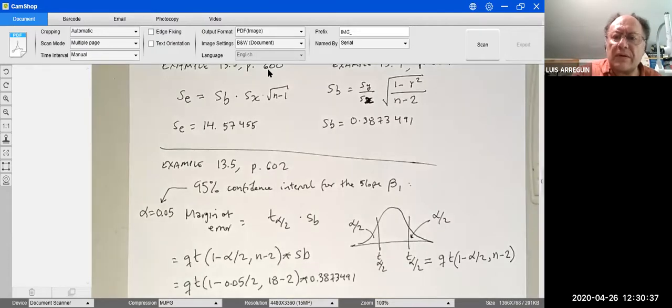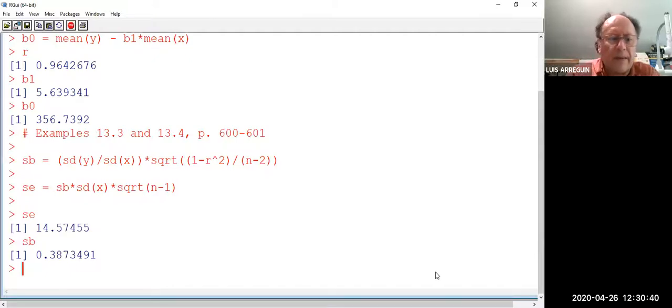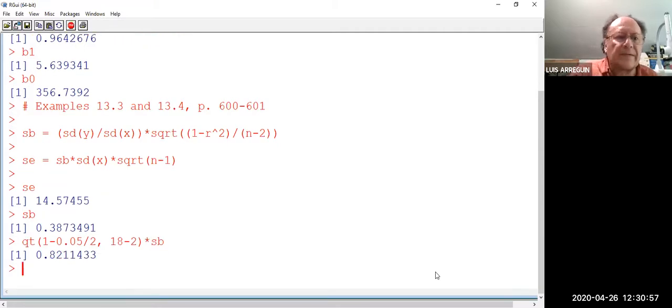To do this computation, we have qt of 1 minus 0.05 over 2, comma, n minus 2, times SB. It's already here, I can use just SB. So the margin of error is going to be 0.821143. That's the margin of error for this problem.